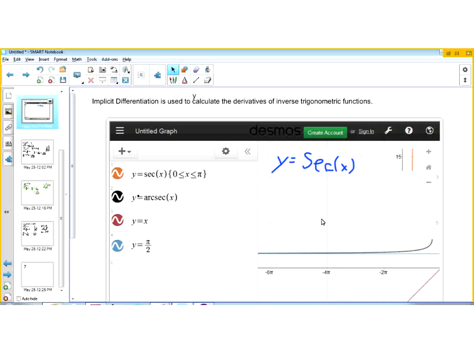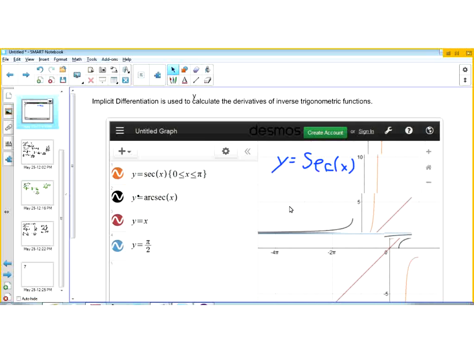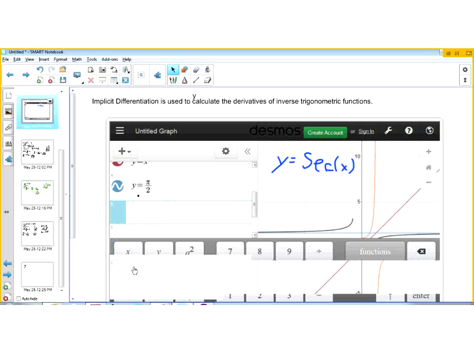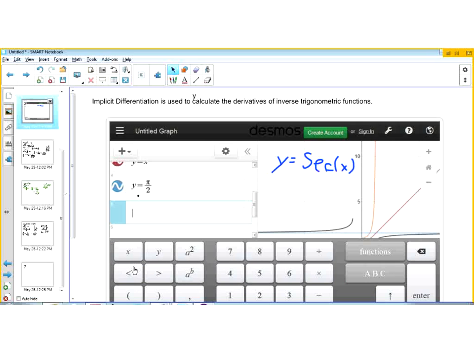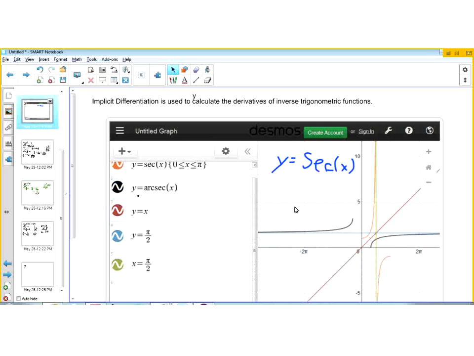So you can see that y equals pi halves is a horizontal asymptote for arc secant, whereas x equals pi halves is a vertical asymptote for secant, principal secant. Okay, so there's your graph. So try to understand what's going on here in our computations for the principal secant function. It's shown in black.